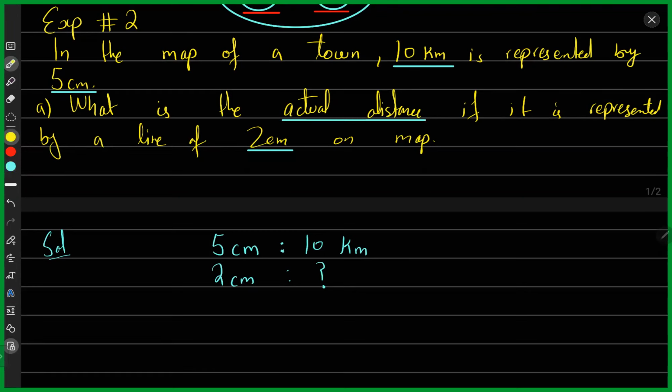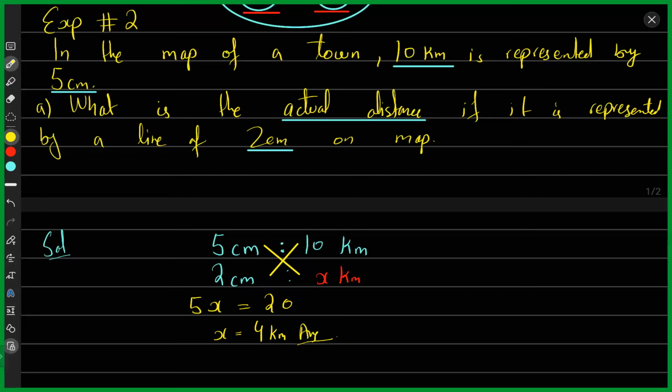You're just supposed to cross multiply at this point. Instead of this question mark, I can just write down an unknown variable, let's say x, because I'm not sure about it. X kilometers. In order to do this, I'm going to cross multiply 5 in x and 10 in 2. So this would become 5x equals 2 multiplied by 10, that is 20. And x is going to be 4 kilometers.